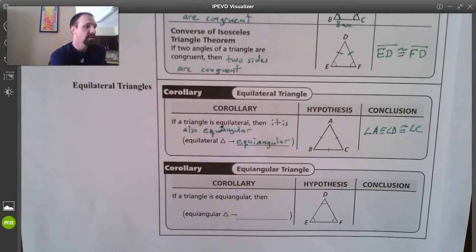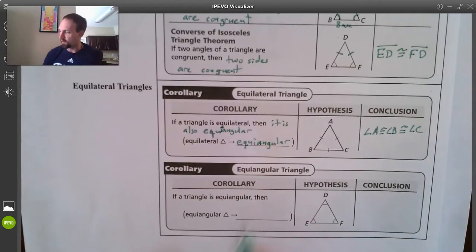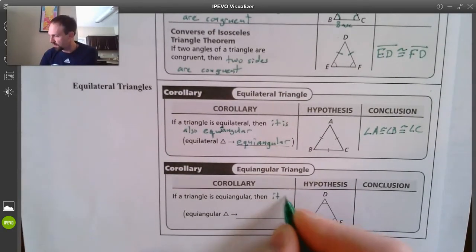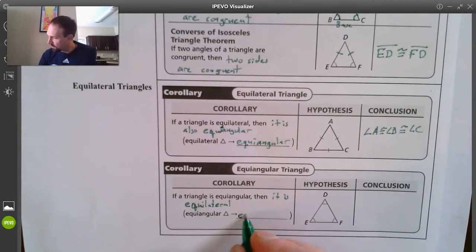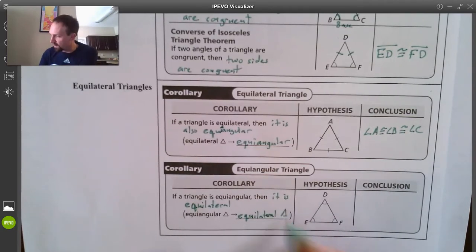And then the other part here: if a triangle is equiangular, then it is equilateral. So if it's an equiangular triangle, then it's an equilateral triangle. It can't be one and not the other.